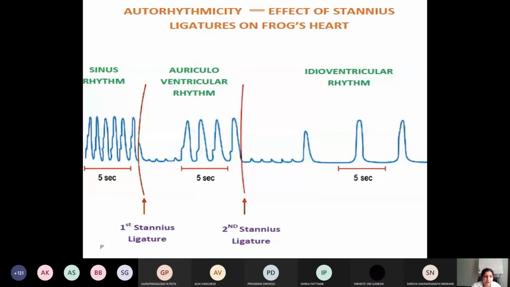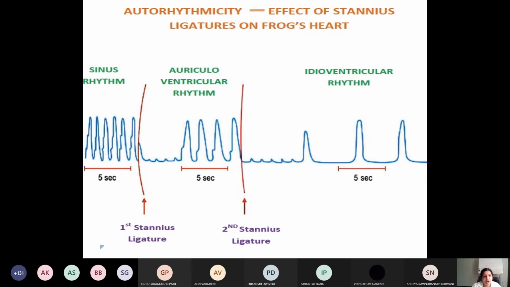Now if you compare the number of atrial contractions and relaxations, in the sinus rhythm you have 1, 2, 3, 4, 5, 6, so 6 cycles in 5 seconds. After you tie the first Stannius ligature, there are hardly 4, and the fourth is incomplete, so 6 has reduced to 3.5 beats per 5 seconds. And still more, after tying the second Stannius ligature, you have hardly 2 or 2.5, or almost 1.5.